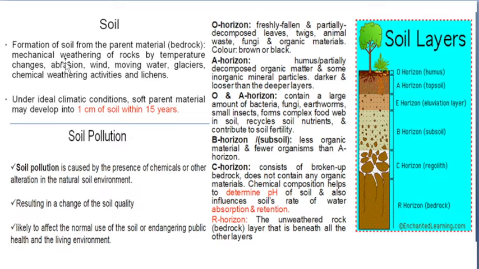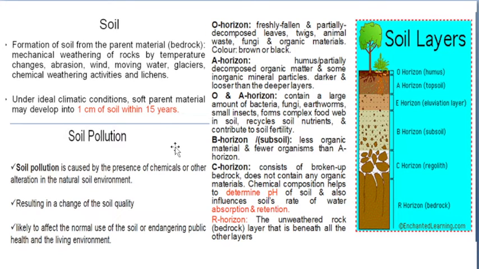Then the formation of soil from the parent material. What is the parent material? I told you, that is rock, and rock is present in a bed-like structure, that's why it is called bedrock. Mechanical weathering of rocks by temperature changes, different chemical activities, wind, moving water, glaciers, chemical weathering activities, and lichens, these factors help in the degradation of your rock, and gradually soil is formed.